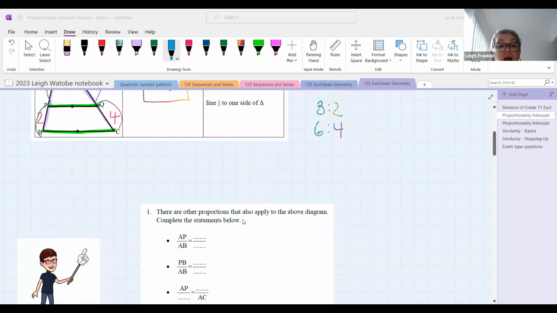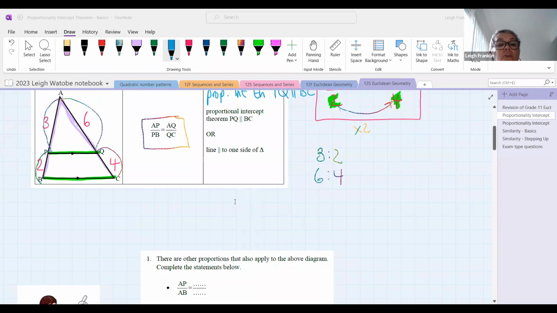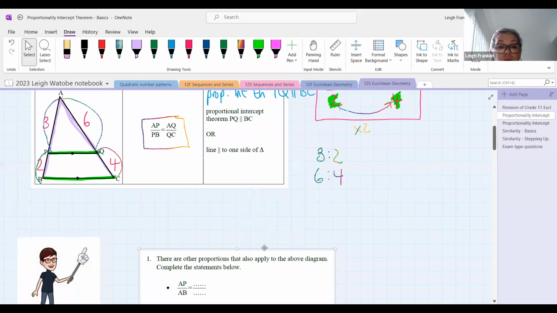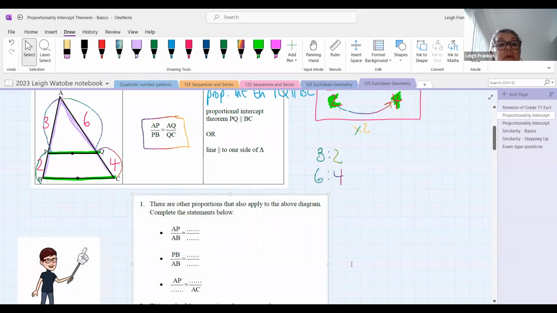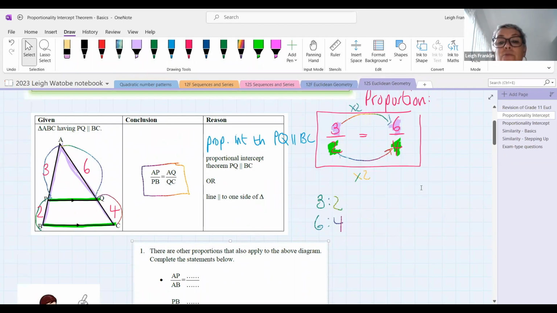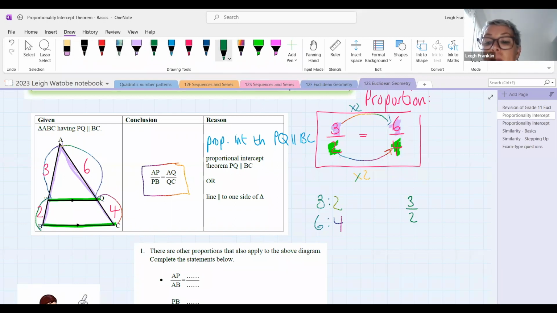Before we do that, I just want to show you the other proportions that we can write as a result of this diagram, because AP over PB equals AQ over QC is not the only proportion that I can write. The reason is that I can play around with these numbers. I said that 3 over 2 is the same as 6 over 4.